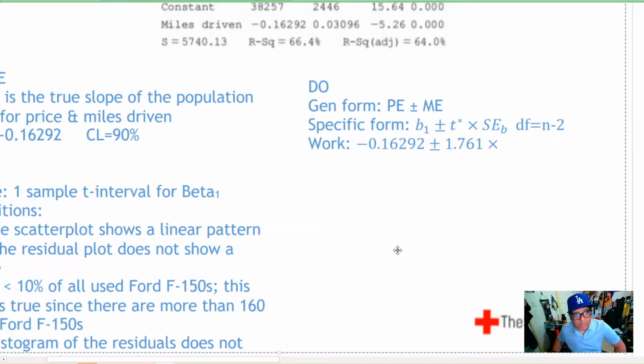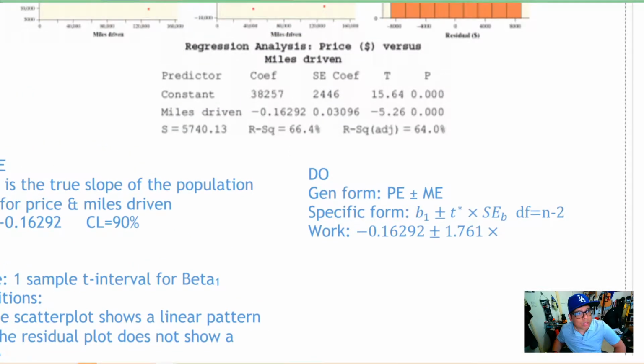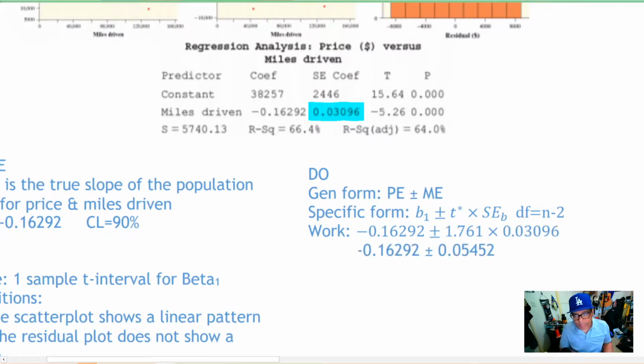1.761 times, and then the next thing we need to do is look for SEb. Remember, you don't have to calculate SEb. It is in the chart right next to B, 0.03096. This works out to a confidence interval of negative 0.16292 plus or minus 0.05454.